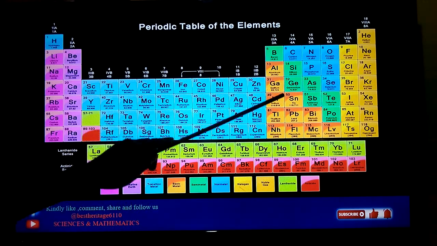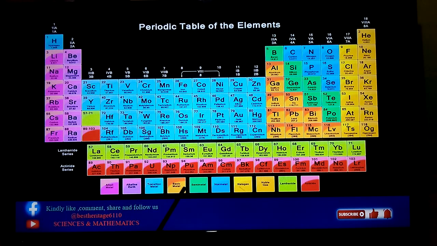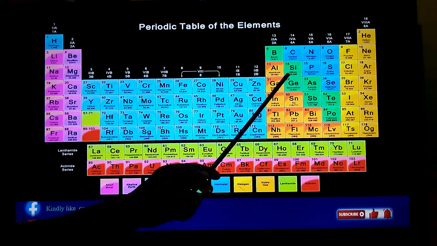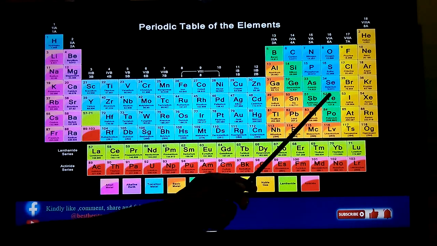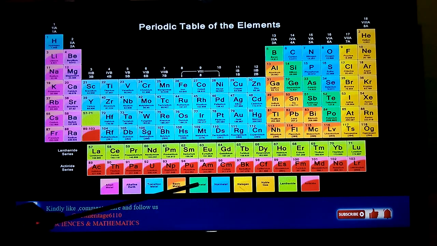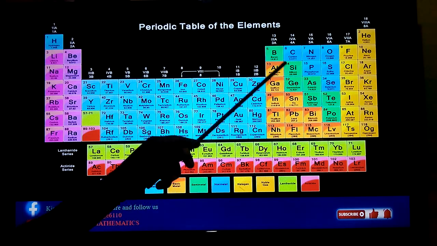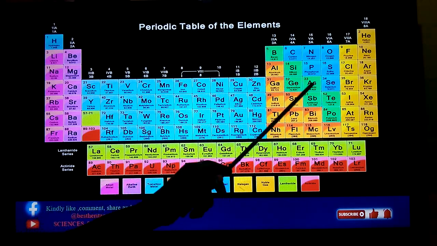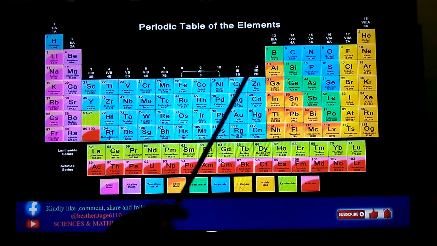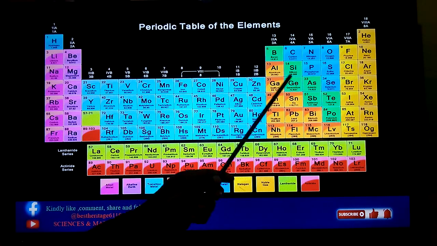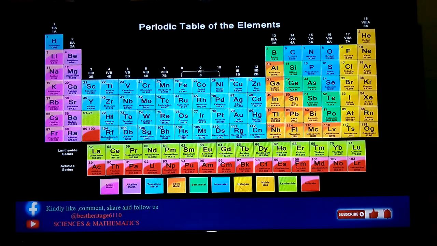So apart from what we refer to as the basic metals, we're going to have another range of elements which are referred to as metalloids, or sometimes they are given the name semi-metals. So these are elements which are going to display both metallic and non-metallic characteristics. So their characteristics fall in between metals and non-metals respectively.